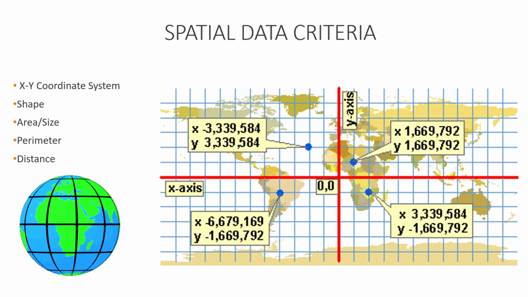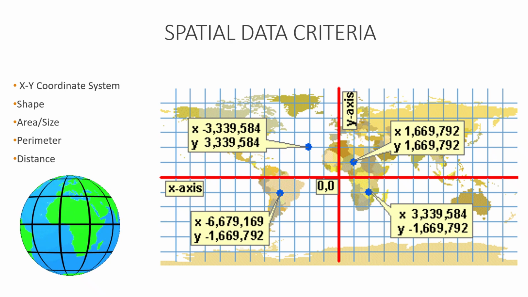These criteria help in accurately representing and analyzing geographic features in a GIS environment. By defining location, shape, and measurements, spatial data allows precise mapping and spatial analysis for planning and decision-making.